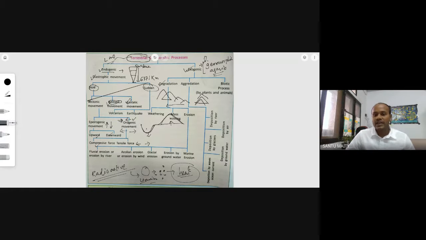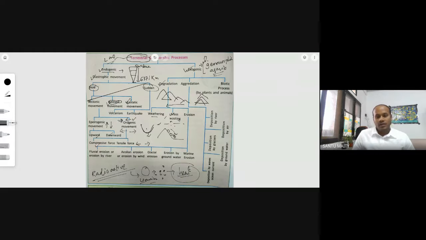Degradation can be categorized into certain divisions. What are those? Weathering is a process of degradation. There is a specific chapter on weathering, and we need to explain it in detail. Mass wasting means that if there is a mountain and materials are falling from the top of the mountain to the plain, this is mass wasting.